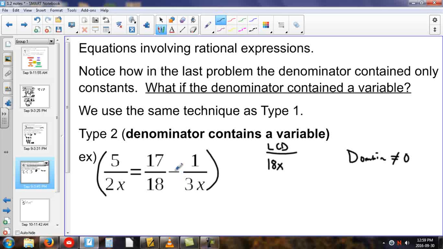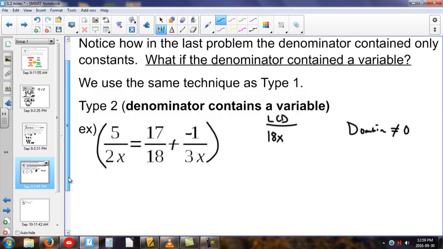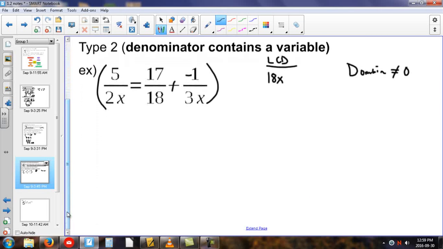The second thing I want to do right now is change this plus and make it a negative 1. The reason why is oftentimes we forget to deal with that. I always want to deal with those negatives between fractions early in the problem. All I have to do now is multiply by 18x the whole way through the question. 18 times 5 is going to be 90x over 2x equals 18 times 17.